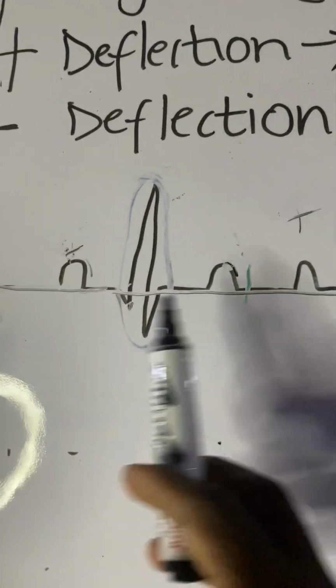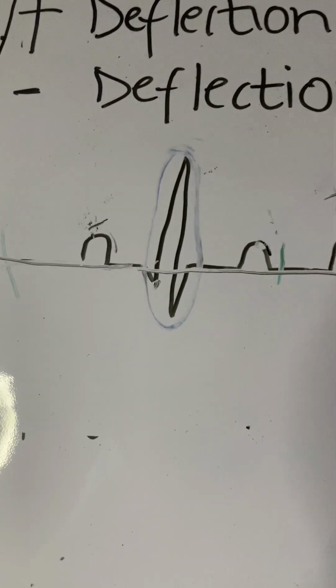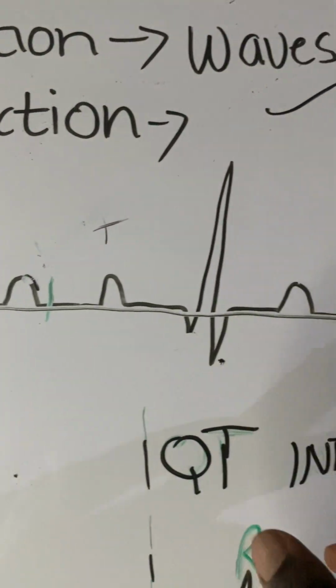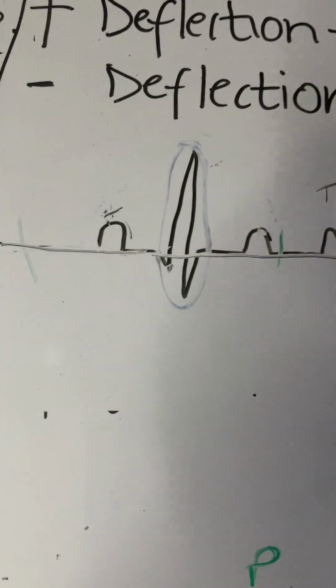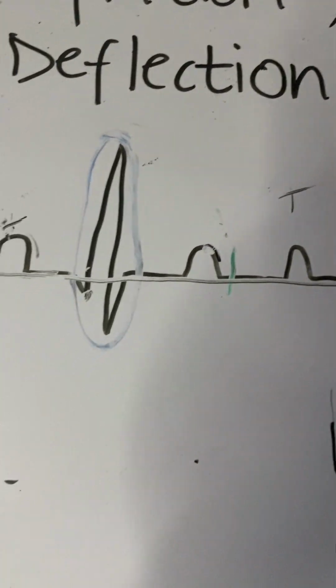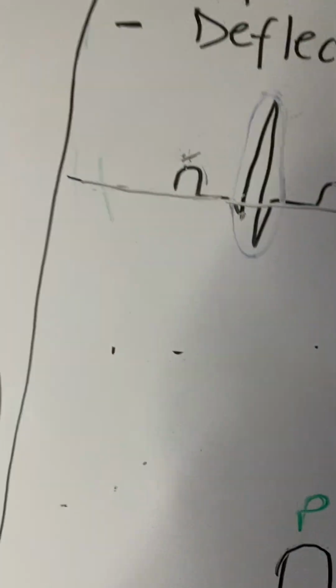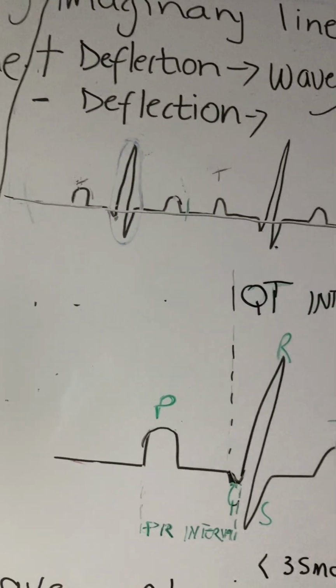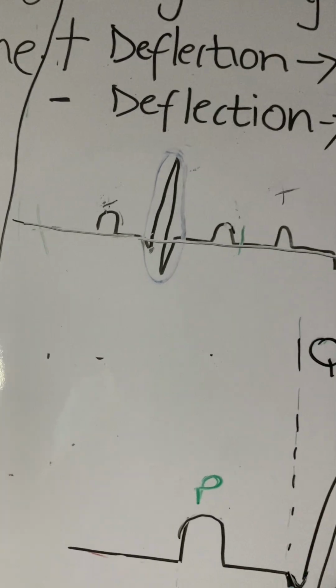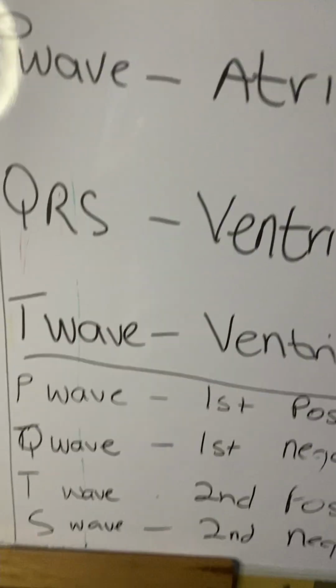Especially if you take this one for example. They are all looking the same. So how are you going to tell whether this is a P or this is a T, or whether this is a T and this is a P? There is a simple way of doing that.